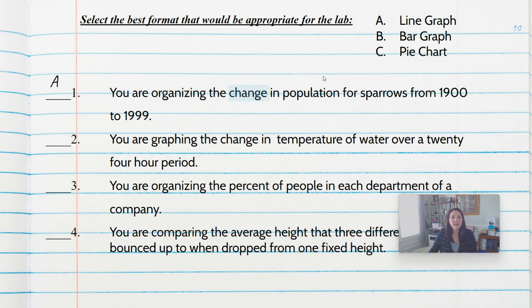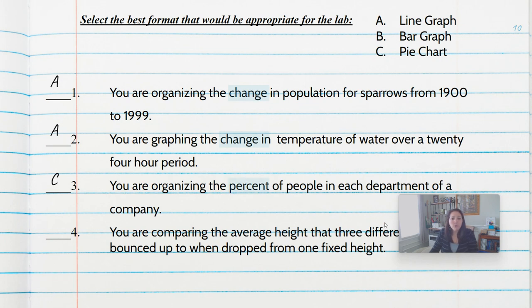Change is represented by a line graph if it's over time, and it's definitely over a time period. This is, again, a line graph. Number 3, you are organizing the percent of people in each department of a company. We're organizing the percentage, so we want to know of the 100%, what percent is each department. And so that's going to be best represented by a pie chart.